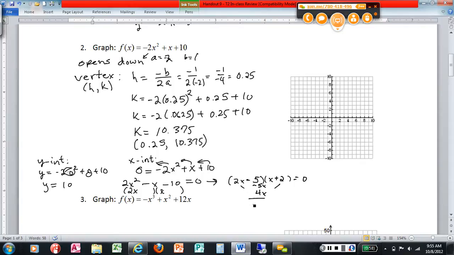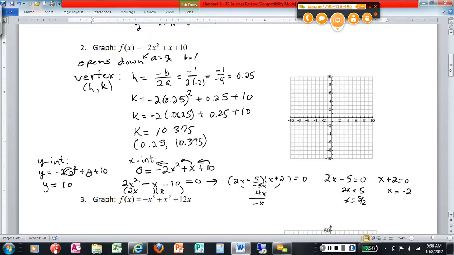So, gives me minus x, which is what I had there. So set each factor to 0. And we got it. Add 5 and divide by 2. 5 halves and subtract 2, negative 2. Okay? So there you go.